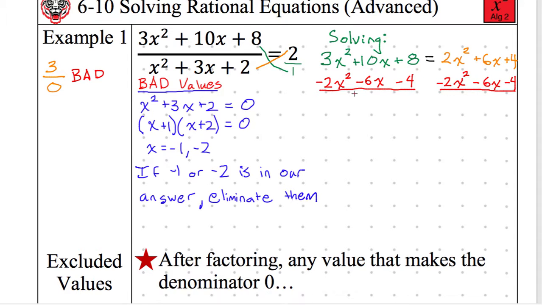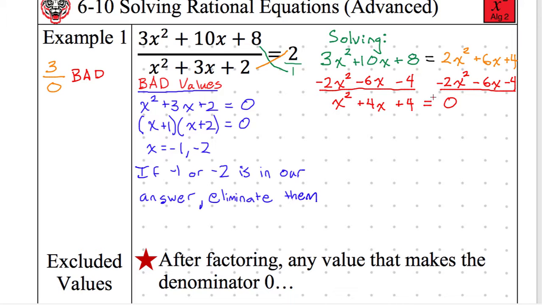And that will give us what, James? x squared plus 4x plus 4. Nice. Equal to 0. Thank you, Gio, for closing the door. It's much quieter in here now.